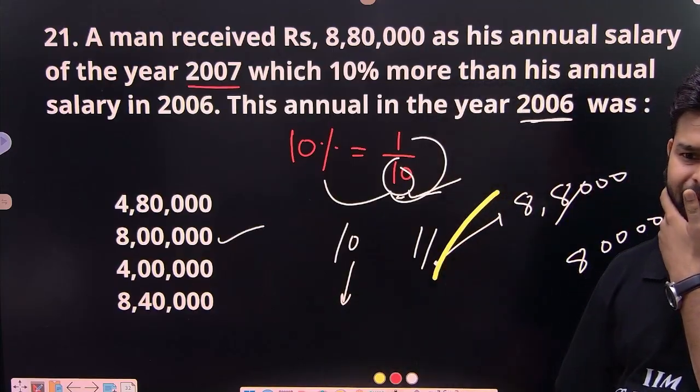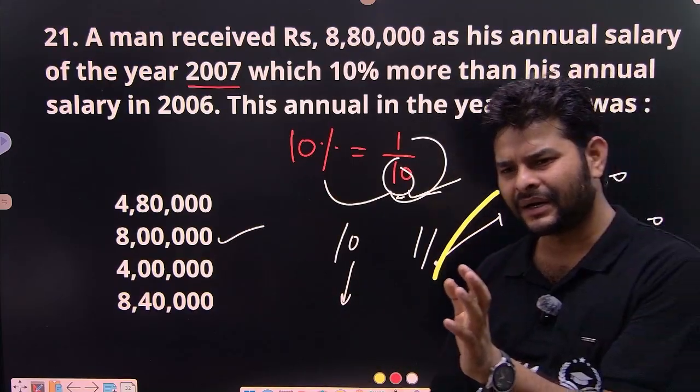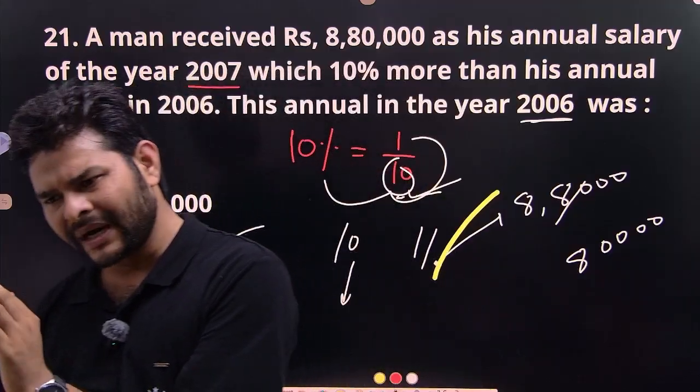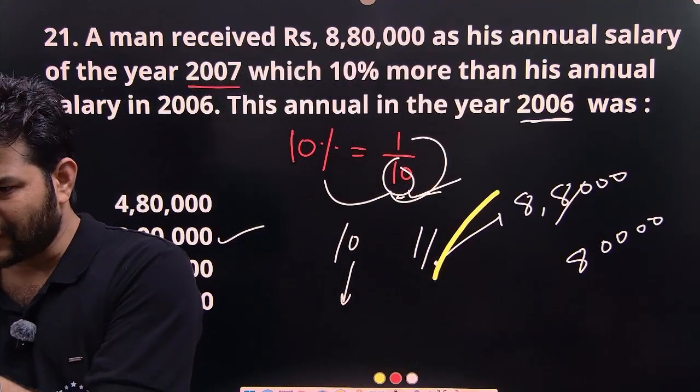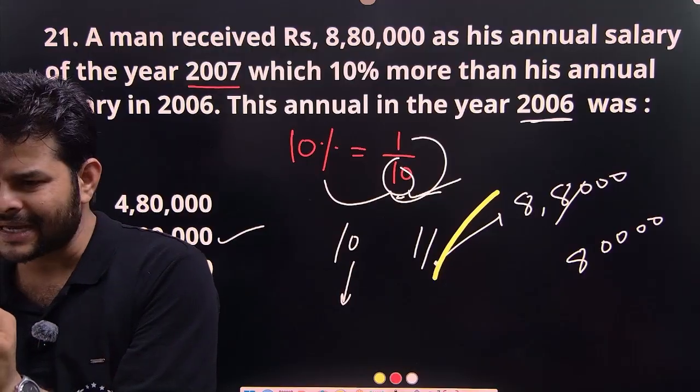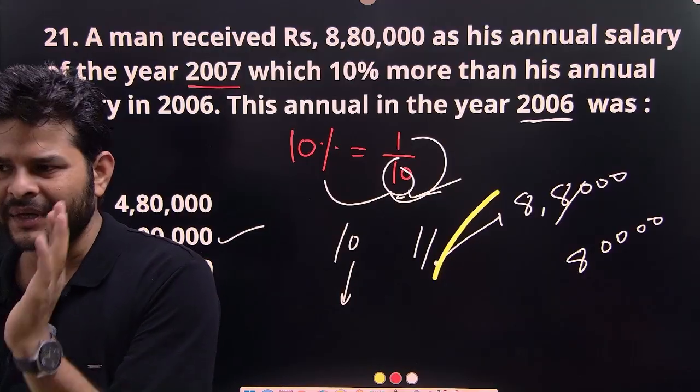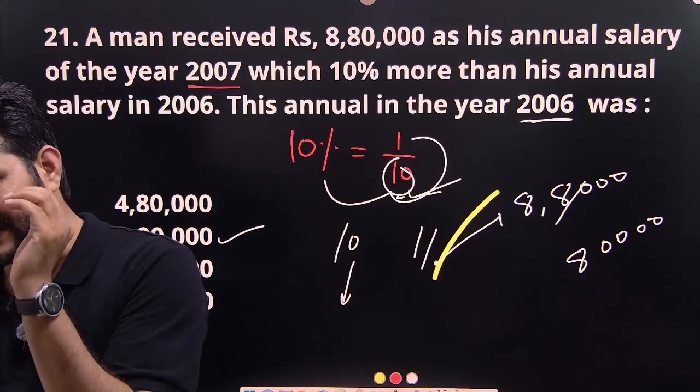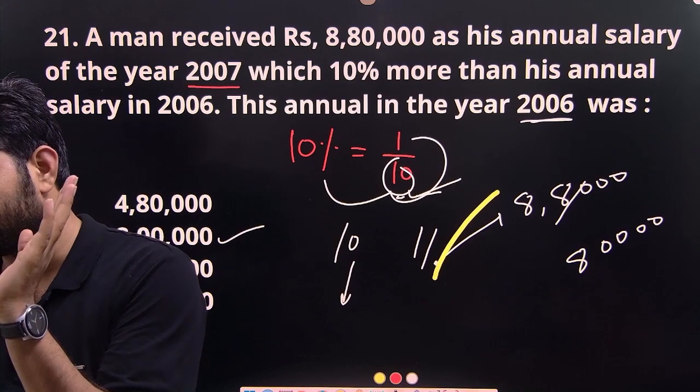Did you get it? A very simple funda from the very start of the class. We discuss the same thing every single day. Today's class theme is: the value with which we are comparing, we need to put in the denominator.